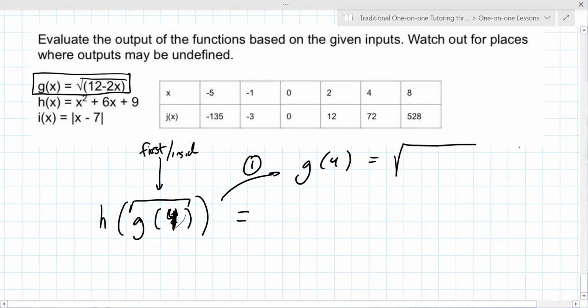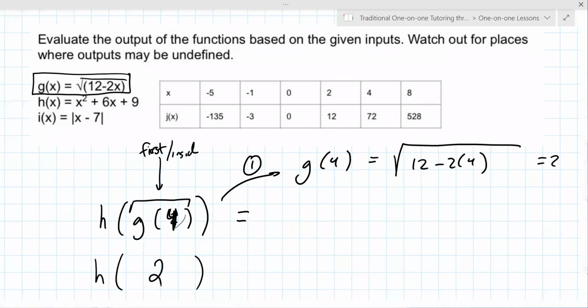So it's the square root. Again, we've done this a bunch of times. What does that become? 2. So that number replaces g of 4. Instead of h of g of 4, you do h of 2, because g of 4 is really 2. So you go find your h function and use that now.